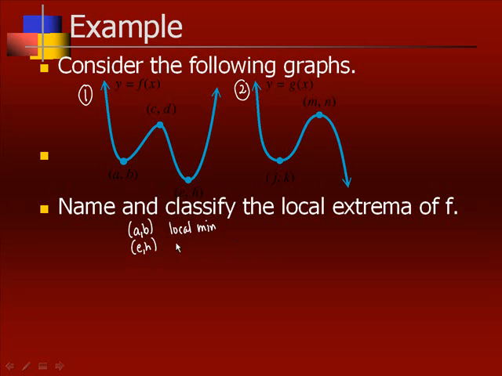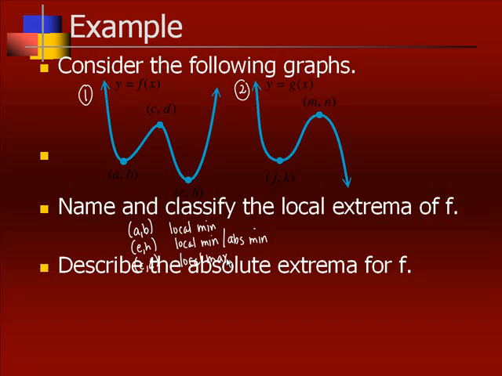We have the ordered pair EH, which is a local min, and it's also the absolute min because it is the lowest. We have point CD, which is a local max. It's not the highest point, so it's not the absolute max.